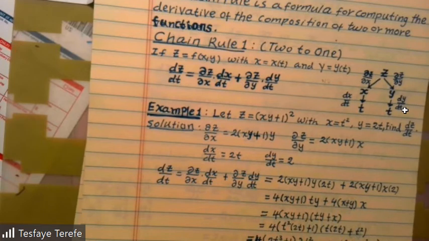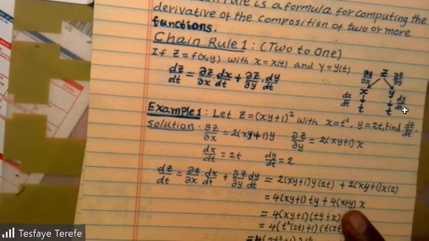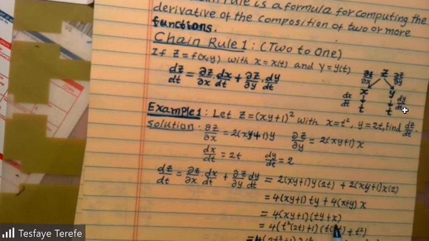And then you have t times y, which is going to be here, and the remaining is x. I don't know why I put this 1 over here. It is xy plus 1, that is what I'm supposed to do. All right, this is a typo, and you understand, and this is it.